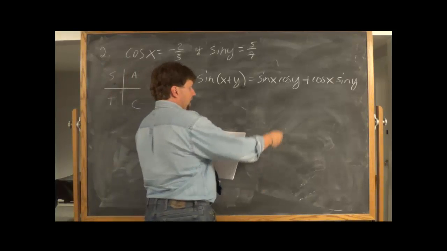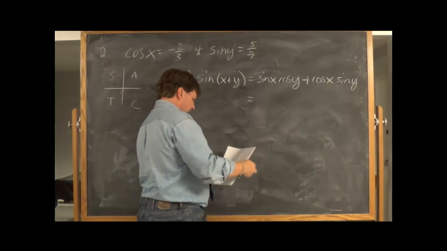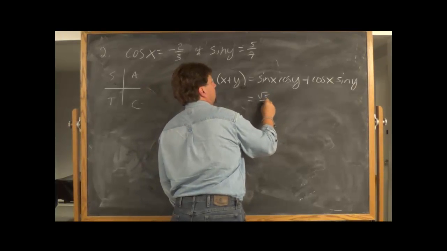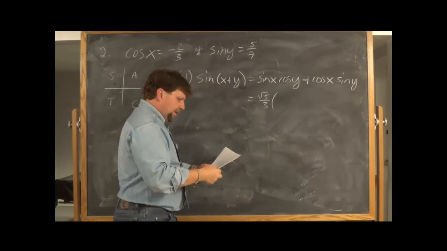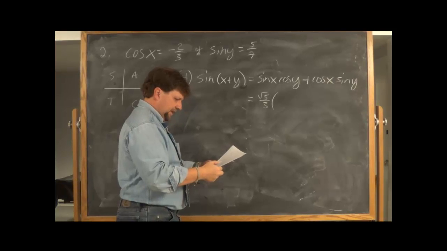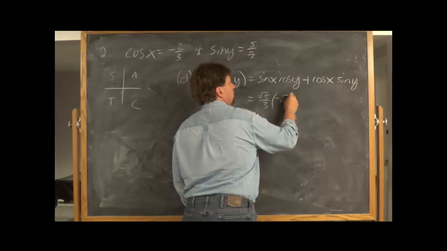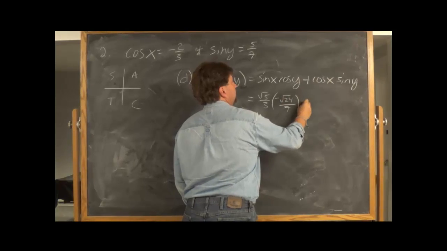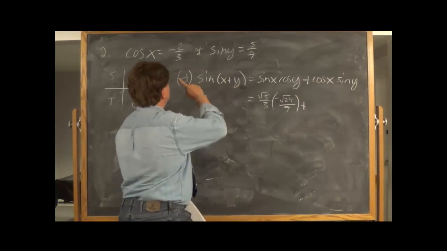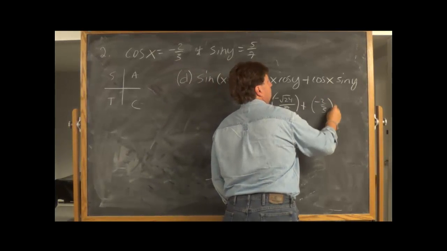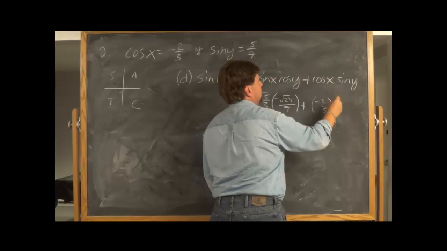In part A, we found the sine of x was square root 5 over 3. In part B, we found that the cosine of y is negative square root 24 over 7. We were given that the cosine of x is negative 2/3. And we were given that the sine of y is 5/7.